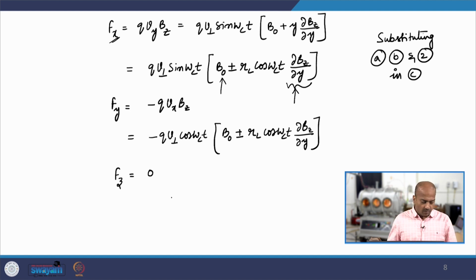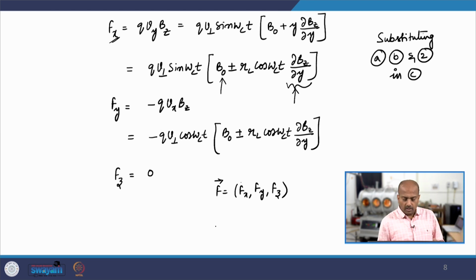So, Fx, Fy, Fz are the magnitudes of the forces, right. Now, what we are interested to see is that, let us say if a particle is gyrating in one orbit, what will be the average amount of force that the particle experiences within one gyro orbit. So, if you write F, the force as a non-zero force Fx component Fy, Fz, what we are interested to see is what is the average amount of force that the particle experiences in one gyro orbit.